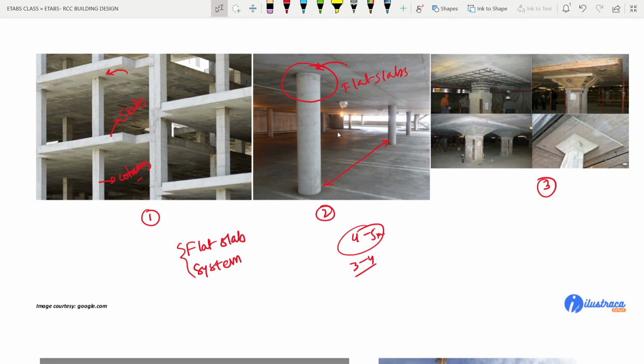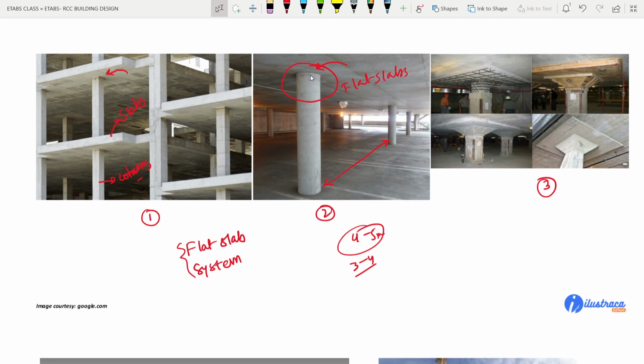So don't say that this is not correct. This is also correct, but it is a different kind of system, and the load transfer medium is only from slab to column. Okay, and obviously the design criteria will be different from the regular RCC structure, right?